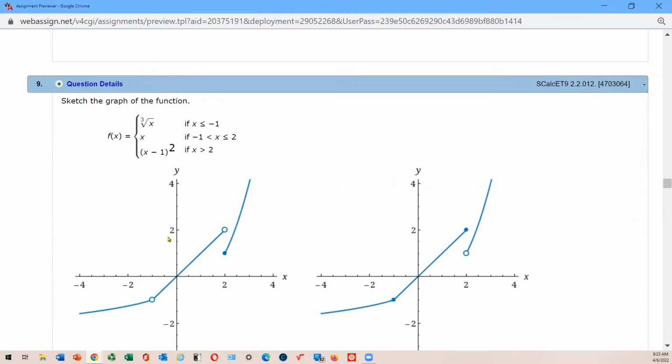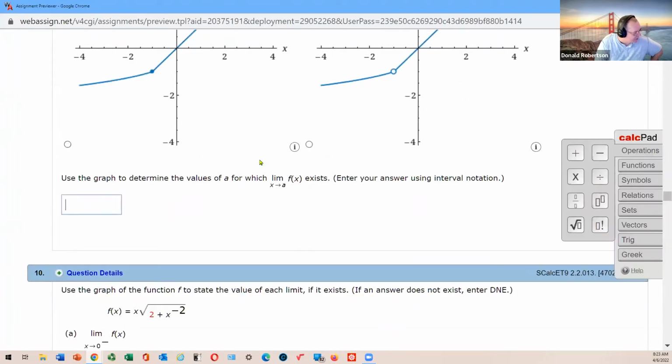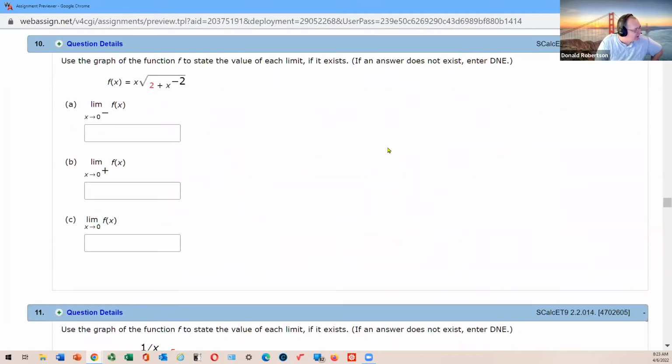Then you've got question 9, where you're going to draw this thing. Hopefully you can figure out which one of the pictures is, and then same kind of question. And now it's talking about this one. This is question 10. Use the graph of this function to state the value of each limit if it exists.